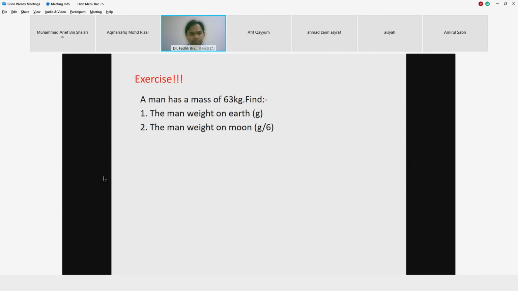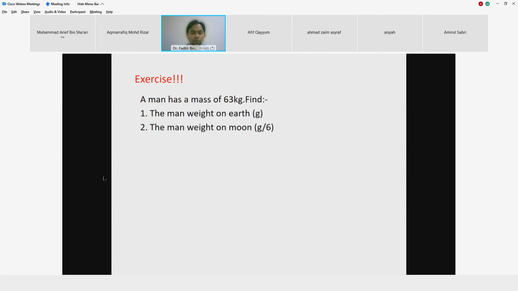It's very simple. You want to find weight, right? Weight equal to mg. W equal to mg, and as we know, mass of this guy is 63 kilograms. So g is 9.8. So 63 kilograms times 9.8 meter per second square. That is weight on Earth.